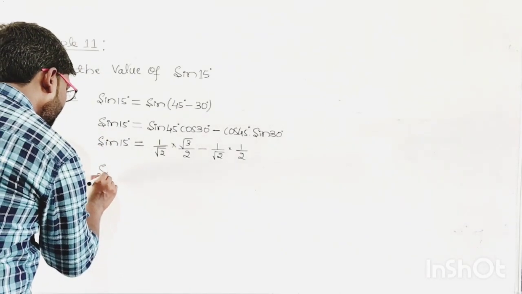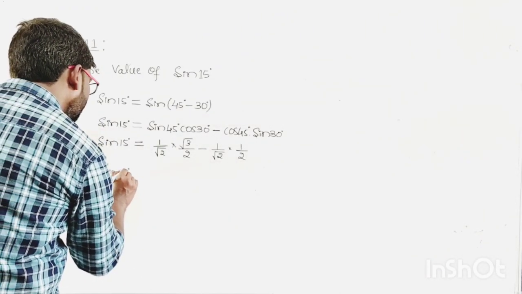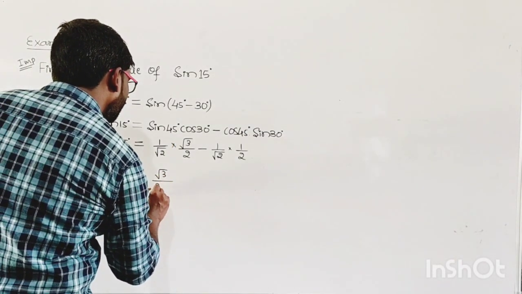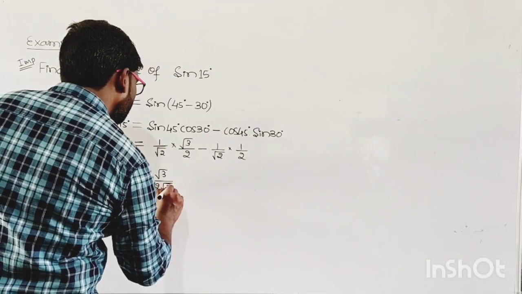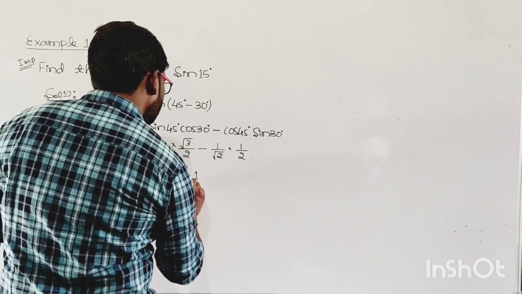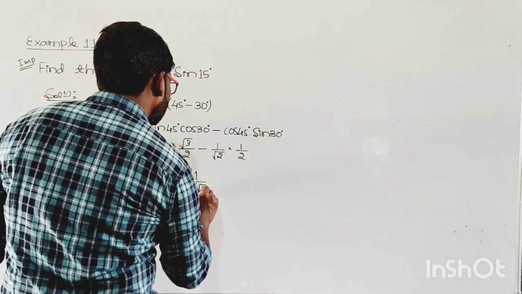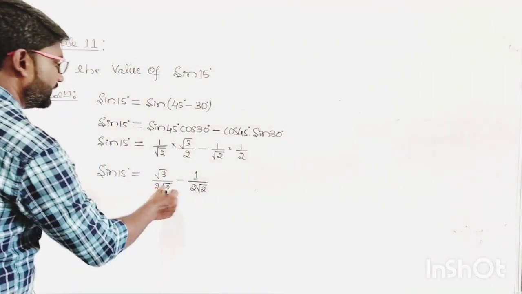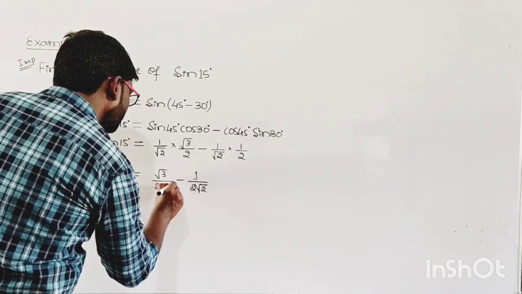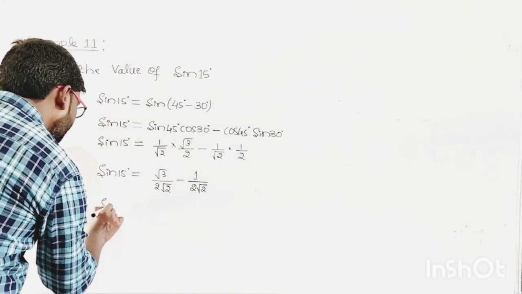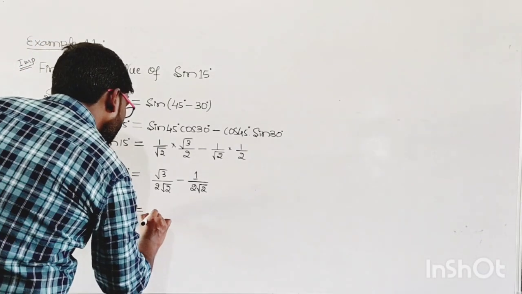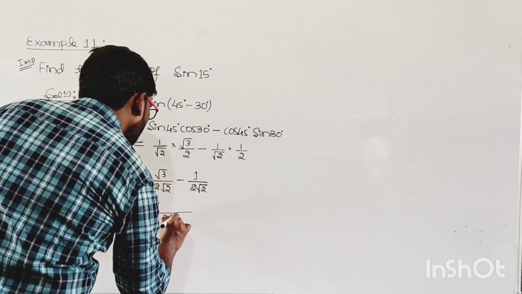Sin 15 degree is equal to 1 into root 3, which is root 3 divided by 2 root 2, minus 1 into 1, which is 1 divided by 2 root 2. If you take the LCM, it will be 2 root 2.